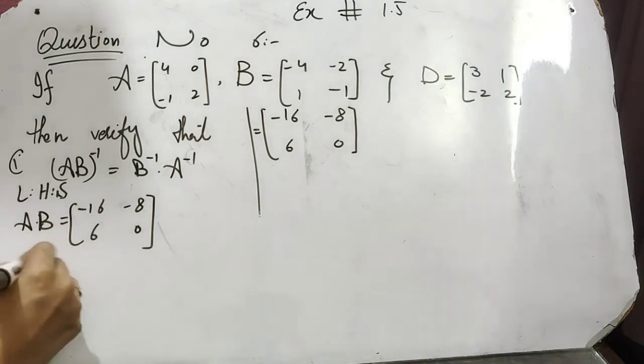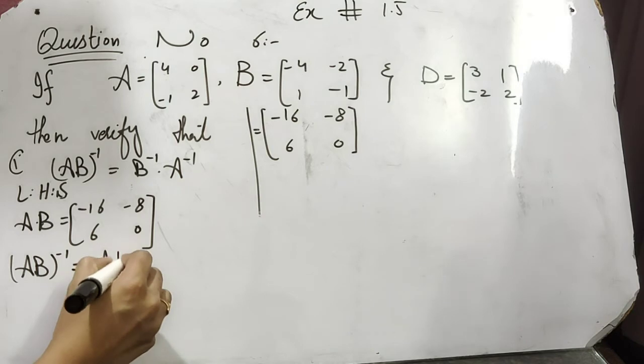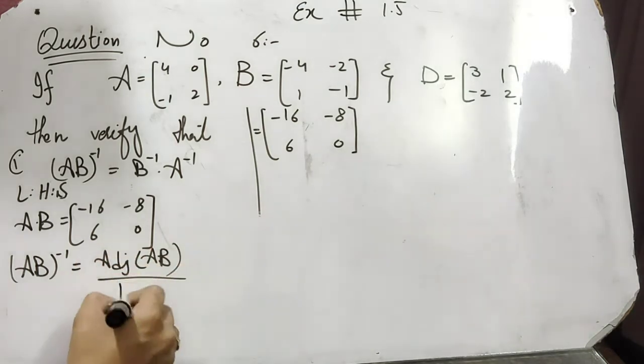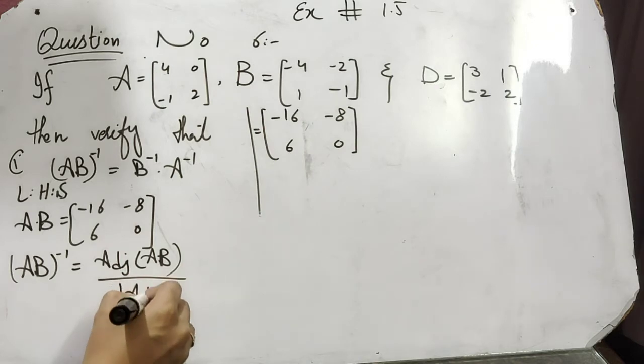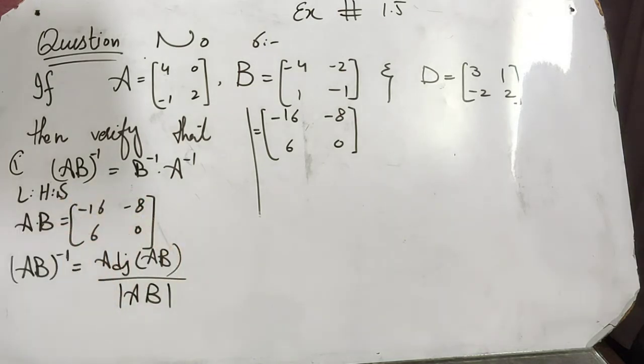We know that the inverse of AB will be equal to the adjoint of AB divided by the determinant of AB. First of all, we find the adjoint of AB.